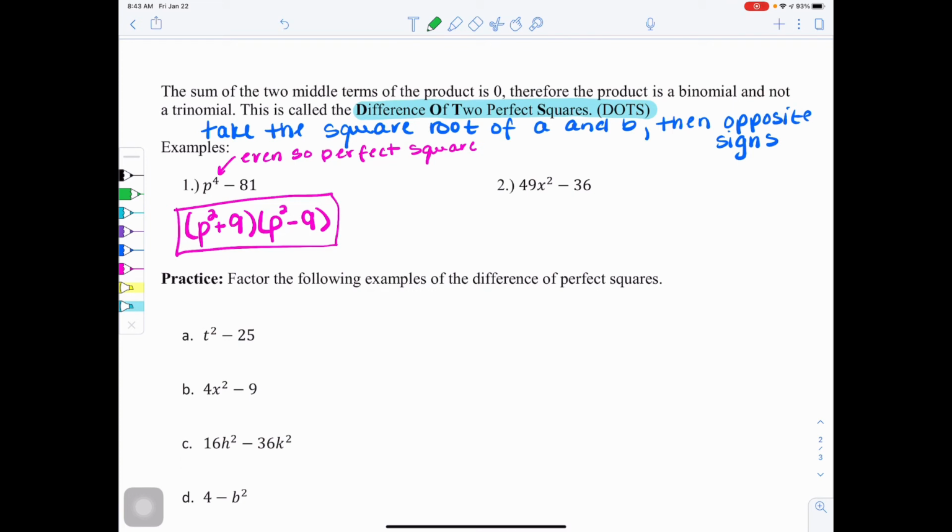So first we have to make sure it qualifies as a DOTS problem. 49 is a perfect square, x squared is a perfect square because the exponent is even, and 36 is a perfect square. So we do have a DOTS problem. We're going to split this into two binomials, and we're going to take the square root of each piece. The square root of 49 is 7, and the square root of x squared is x.